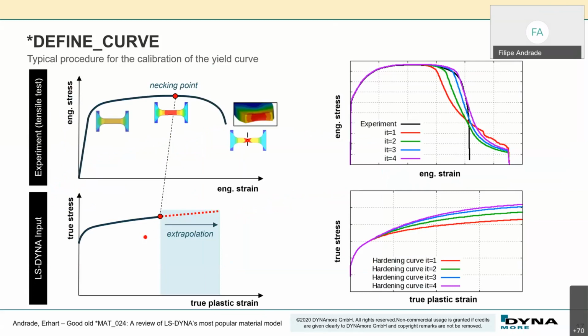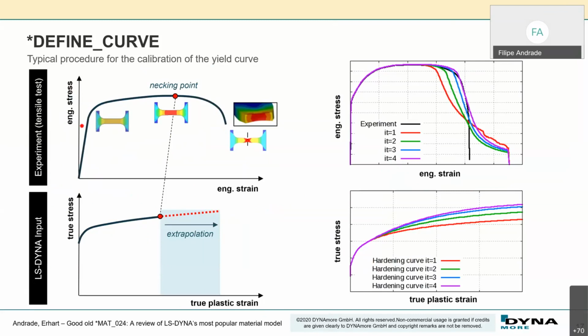And basically what we do is, for a typical metallic material, we have tensile tests, and up to the necking point, because we are uniaxial, we just convert this engineering stress-strain curve to a true plastic strain curve.